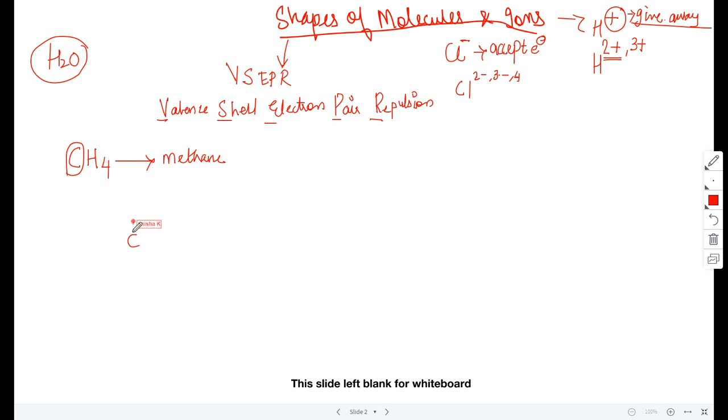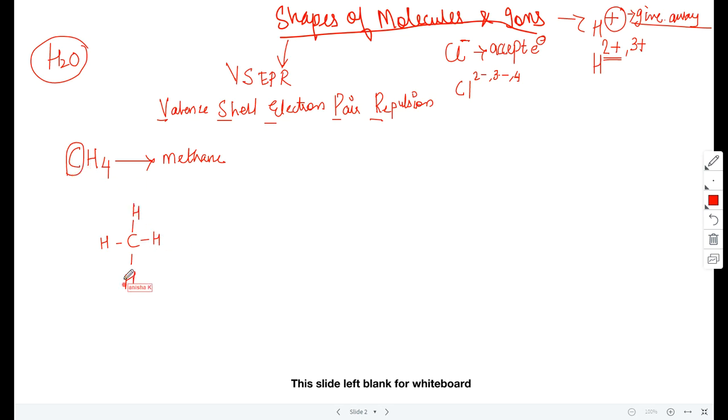If I have a 4, generally for structural formula, we write it this way, right? Why? Because the spreading of electron pairs is this way. That means this carbon here has the capacity to accept 4 new atoms. Carbon has capacity to add only 4 new atoms.